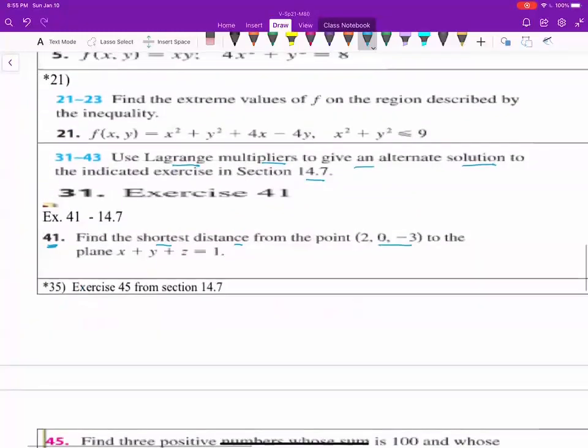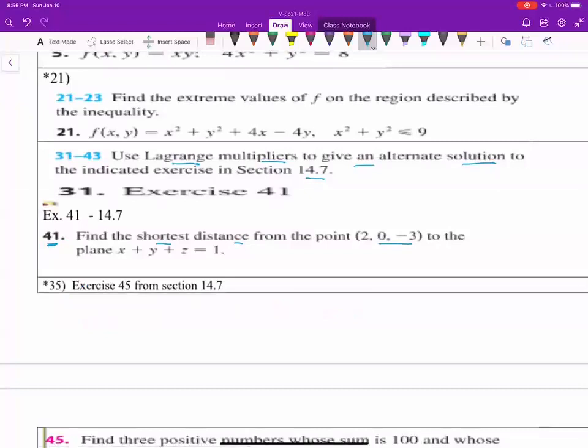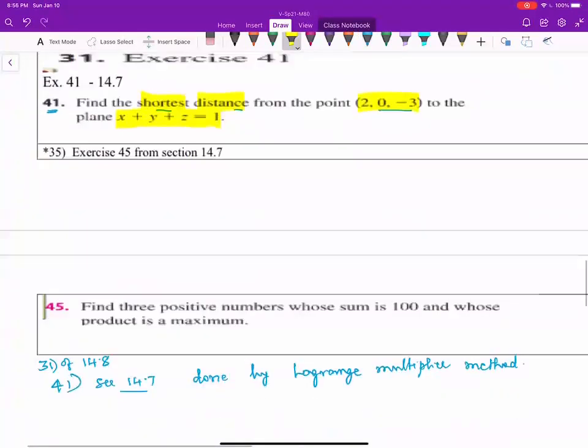So the question is to find the shortest distance from the point (2, 0, -3) to the plane x + y + z = 1.